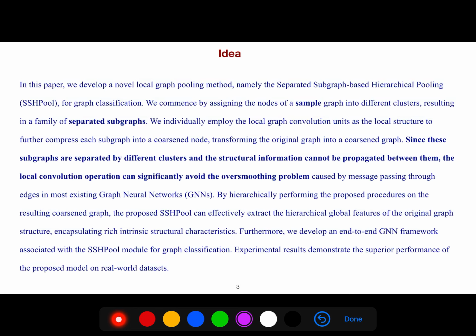By hierarchically performing the proposed procedures on the resulting coarsened graph, the proposed SSHPool can effectively extract the hierarchical global features of the original graph structure, encapsulating rich intrinsic structural characteristics.